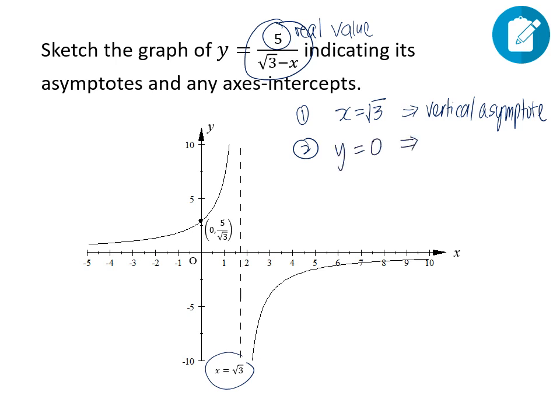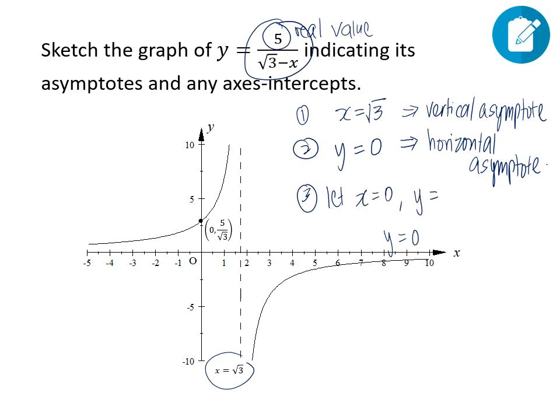We call this an asymptote, and in this case, y equals 0 happens to be what we call a horizontal asymptote. So we have gotten two asymptotes. The third step is to find any known coordinate. In this case, if we let x equal 0, we are very quickly and easily able to find the y coordinate, which is given by 5 over root 3.